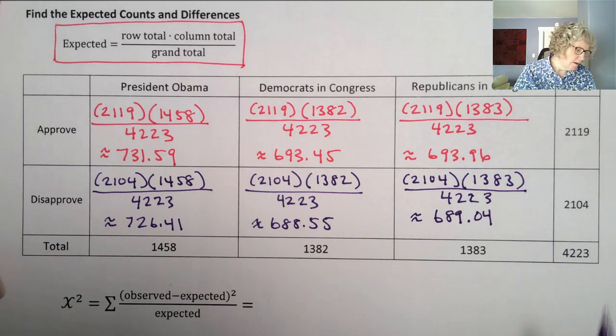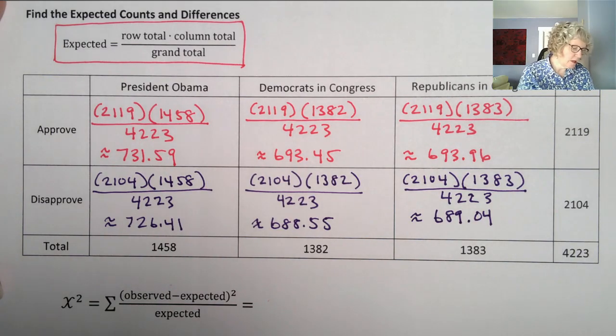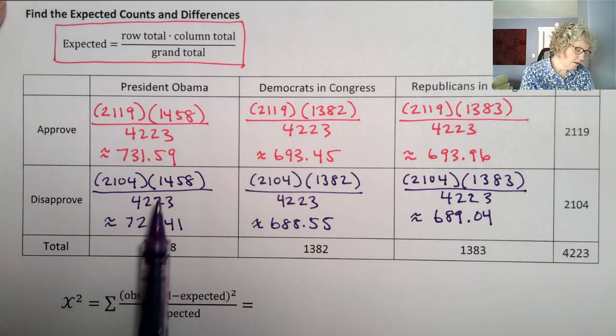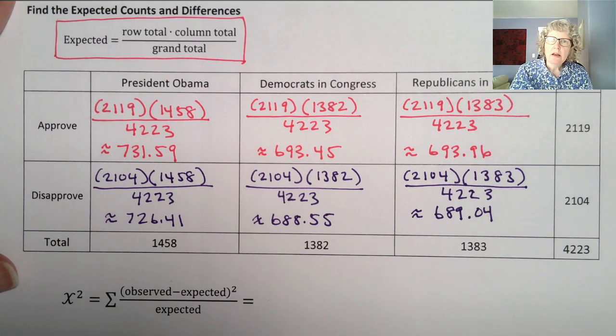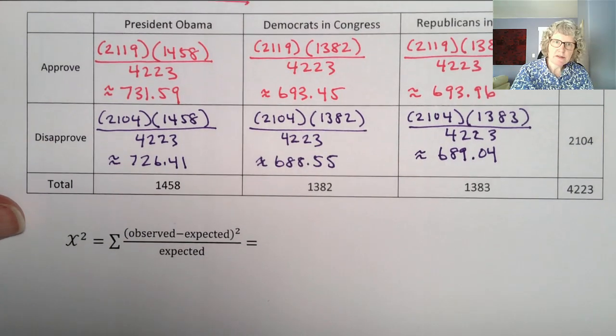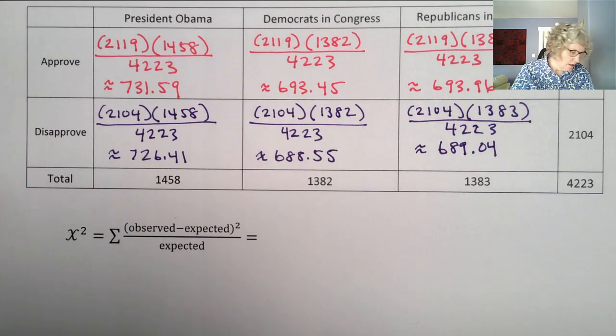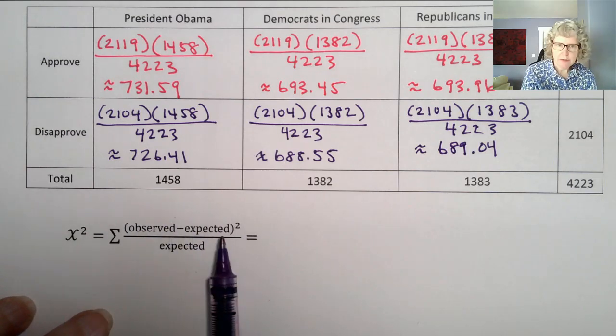Which would mean that these rates are the same for each job, okay? Or you could also look at it the other way using the other ratio. Okay, so now remember our chi-squared is kind of this difference. We're taking the difference between the observed and expected, but some will be negative, some will be positive, so we're squaring it.